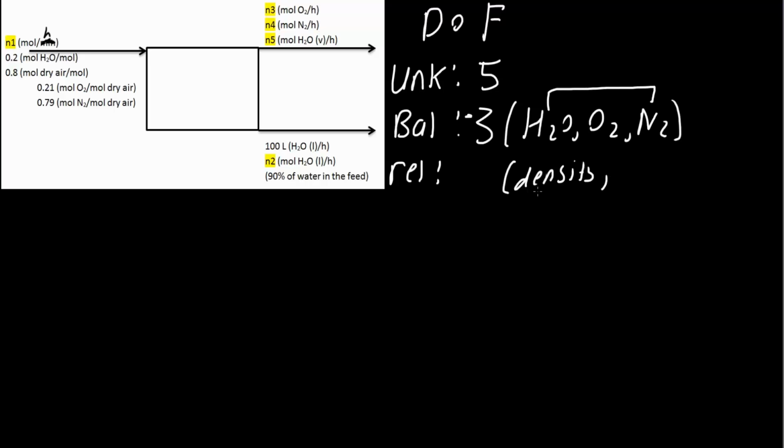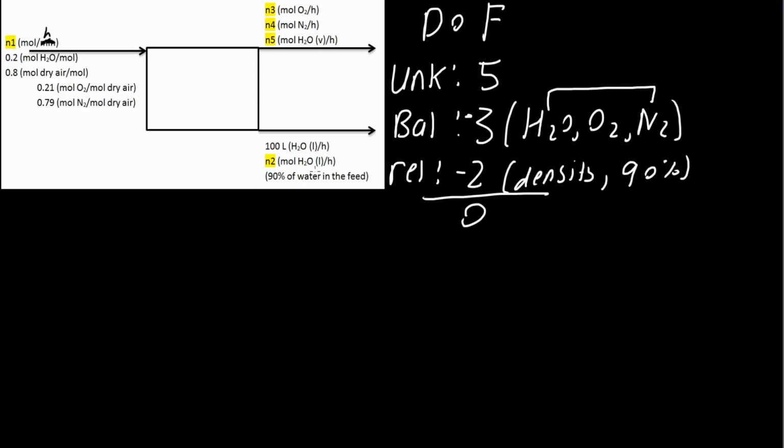We're still short one more, and here it says 90% of water in the feed. This is a relationship, so that's our second thing. So 5 minus 3 minus 2 is 0, and there are no more balances or relationships. So this problem is solvable.